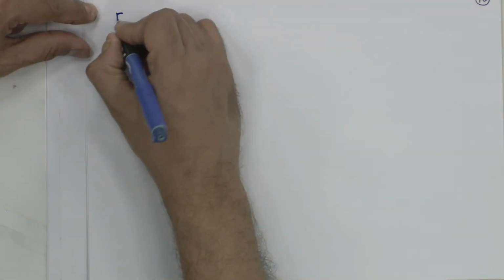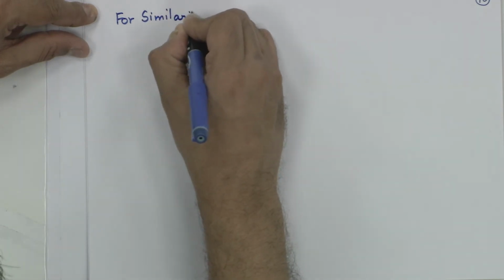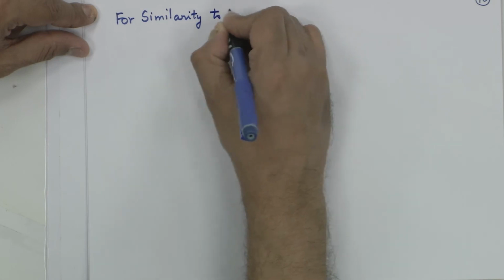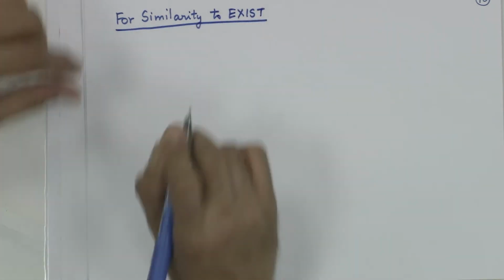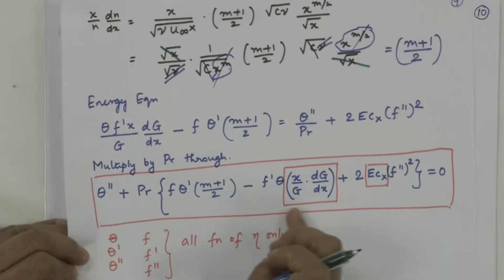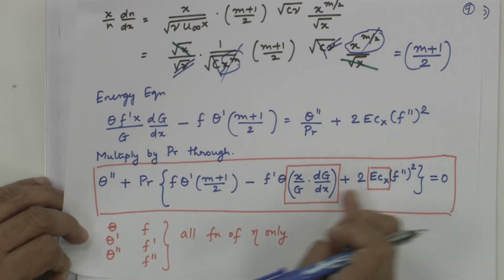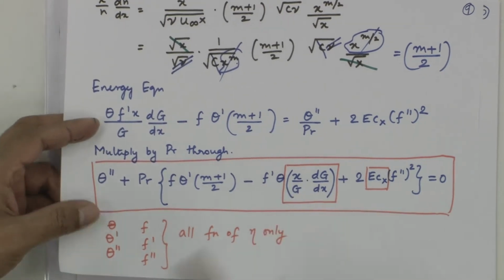For similarity to exist, this is very important, these terms which are the coefficients in front of these two terms necessarily should be independent of eta.